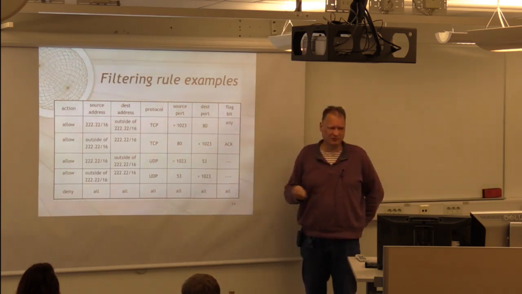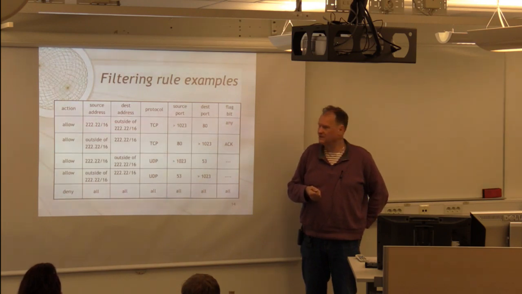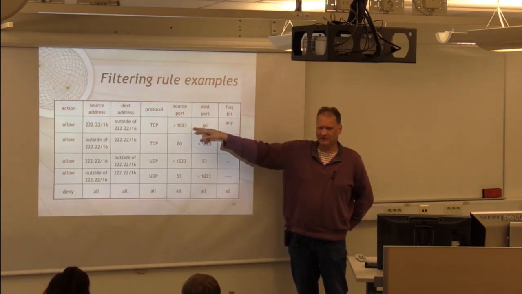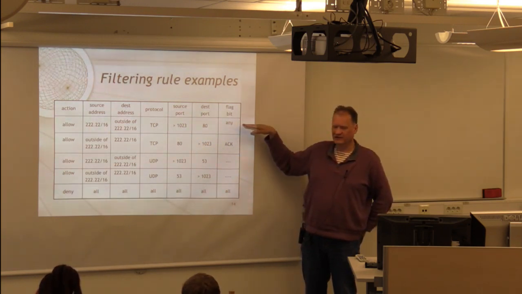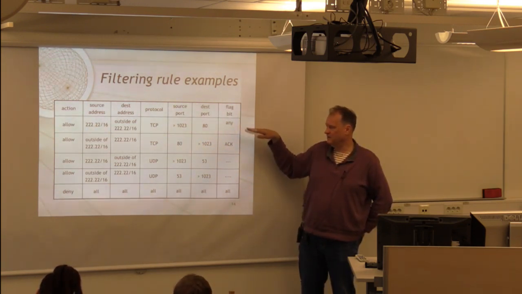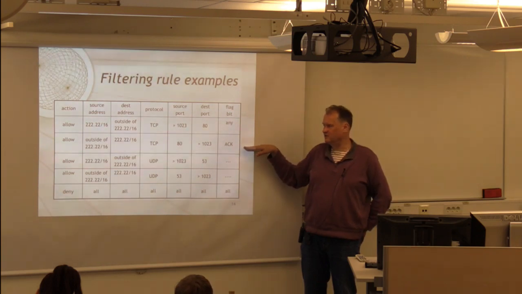So we don't know which port the client will use, so we have to allow any port number here. So we allow anyone to try to connect to a web server outside, and we have to allow the traffic coming back.